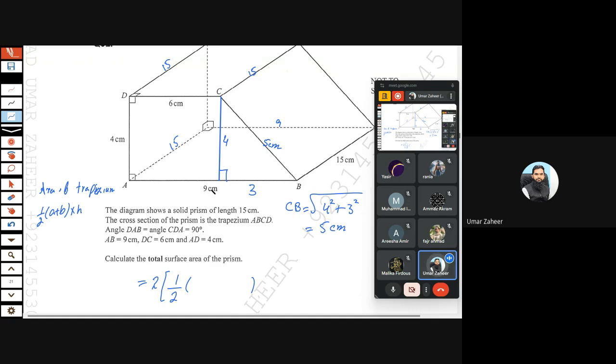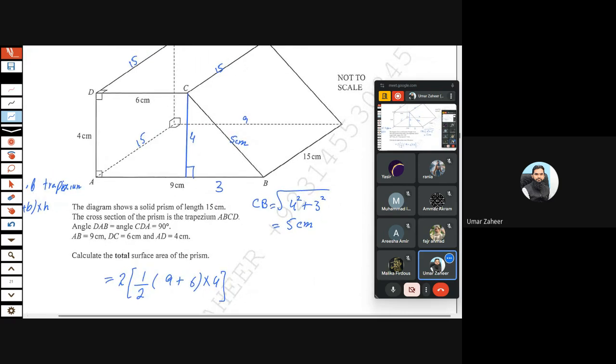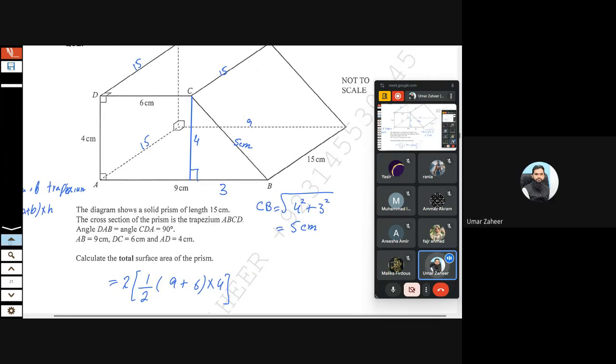So the parallel sides are 9 and 6, so 9 plus 6, multiplied by the height. The height will be 4. Yes, anyone have a question up to here? No, sir.